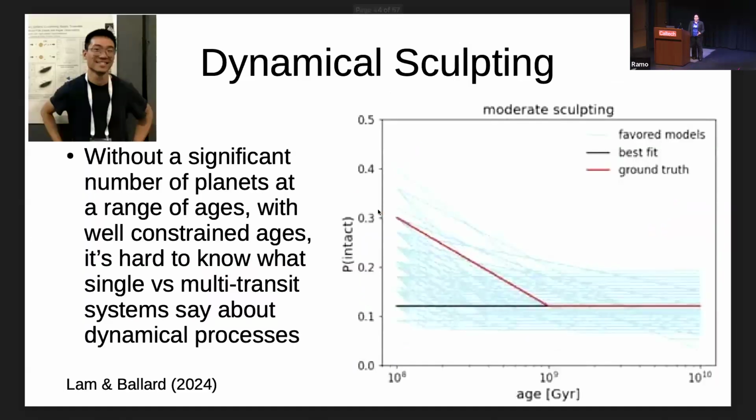And if you're thinking about the dynamics of systems and how that's shaped the evolution of the system over time, right, you need an actual age for that system. And you need not only the relative ages to be right, but the relative ages as a function of metallicity and the absolute ages, which will tell you something about the time scale of these sorts of processes and how they've evolved in different planetary systems.